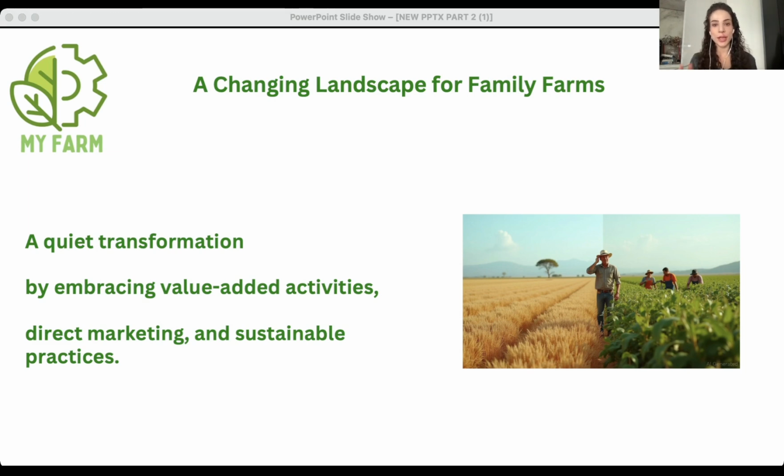Despite their constraints, smallholder and family farms are undergoing a quiet transformation. Many are repositioning themselves by embracing value added activities, direct marketing, and sustainable practices.